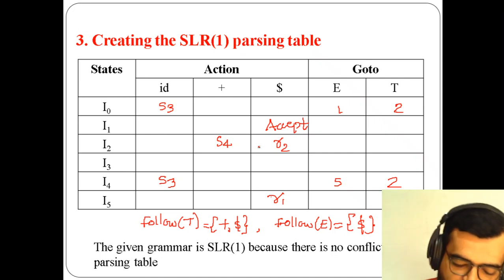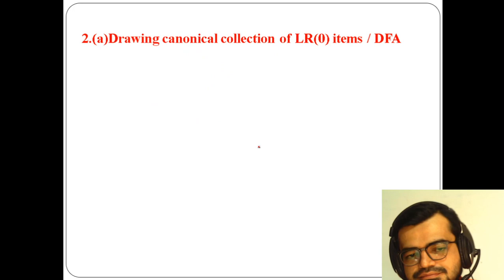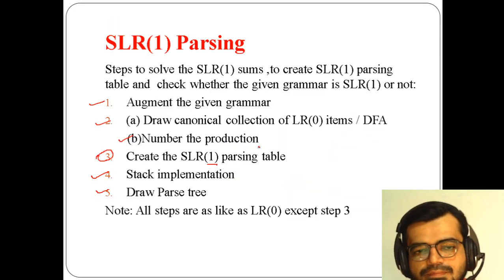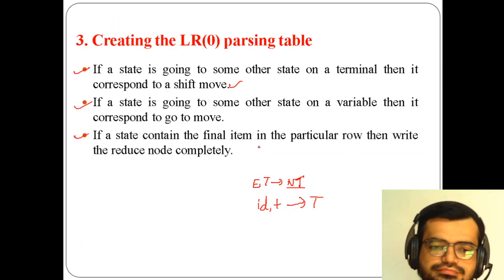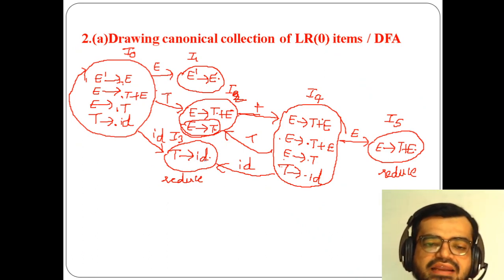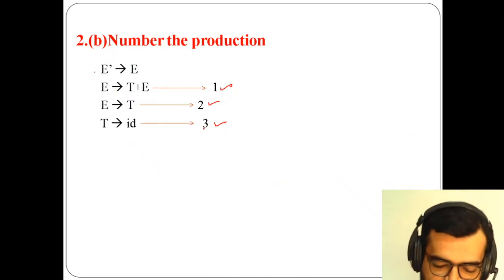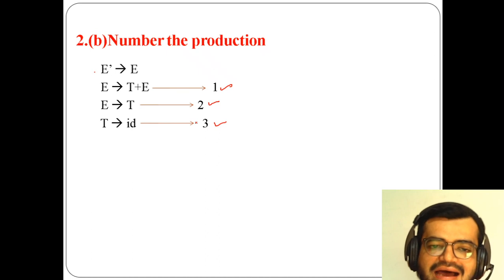Now what is left over? R3 is left over. So we need to verify where this will come. Yes, T → id dot. It is there in I3, and the production number is also 3. So that means R3.